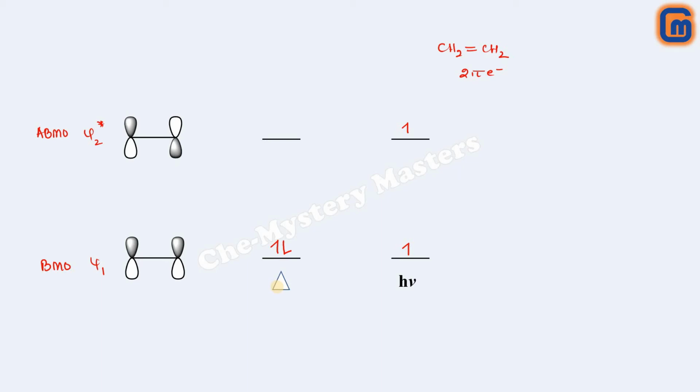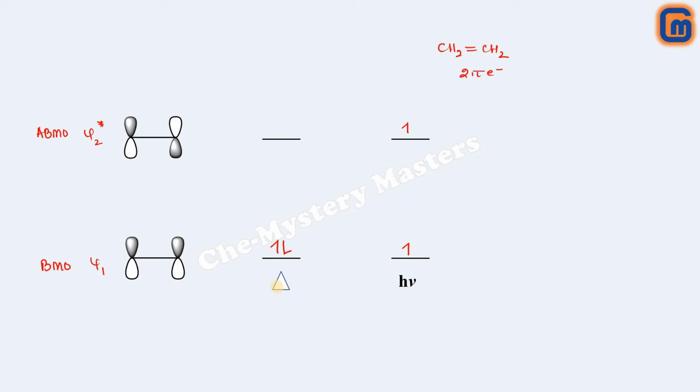So HOMO, as the name suggests, is the highest occupied molecular orbital. It is that orbital which has electrons and is of highest energy among all those molecular orbitals which have electrons in them.